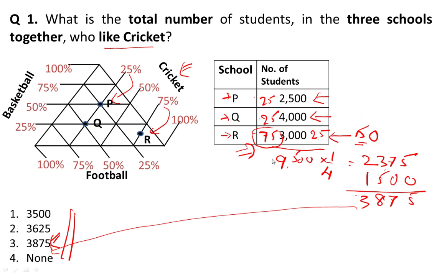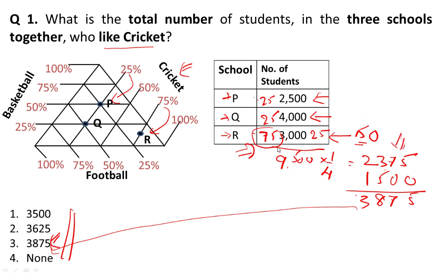Now I hope you understood what we did. We took the general percentage 25% for all three schools. The total number of students is 9500, so I took 25% of 9500 instead of taking 25% of 2500, 25% of 4000, and 25% of 3000. Instead of three calculations, I took 25% of 9500, so I got this figure.